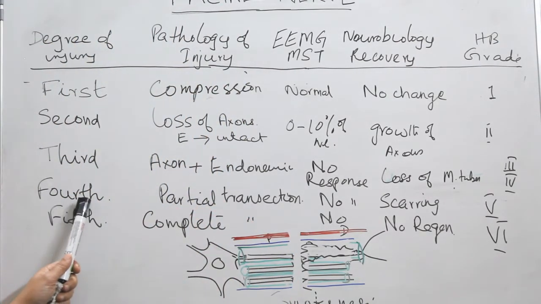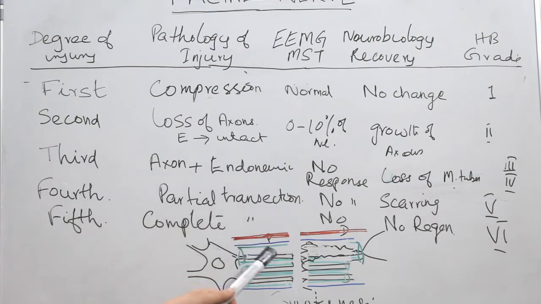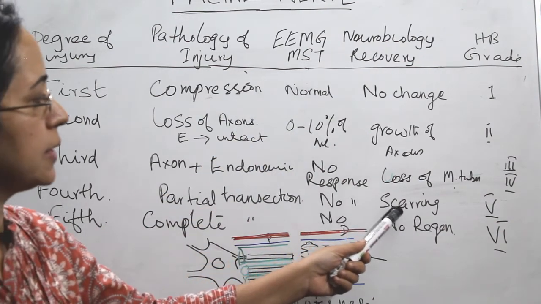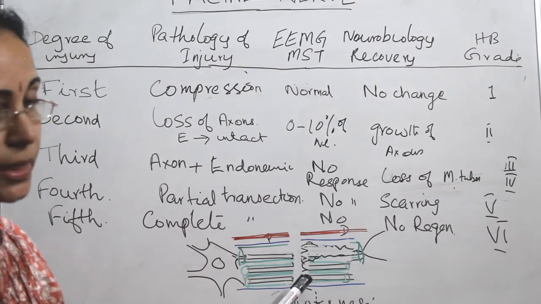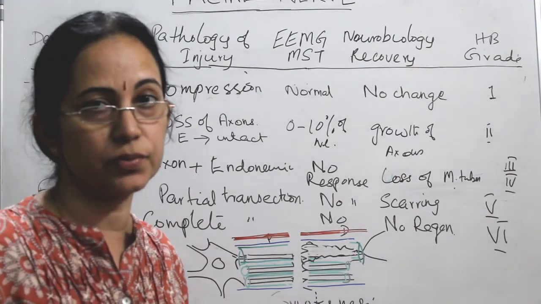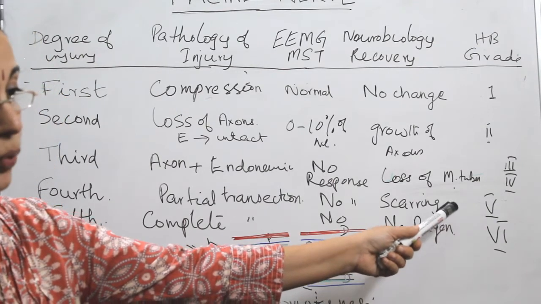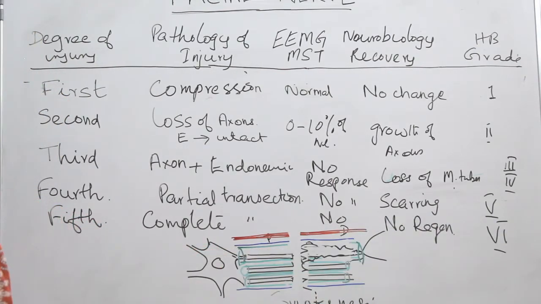And in 4th degree of injury, there is partial transection, that is the perineurium along with the endoneurium is damaged. There will be no response to electrophysiological testing. Scarring chance is there, so the regeneration rate will be very slow. House-Brackmann grading 4, that is severe dysfunction.